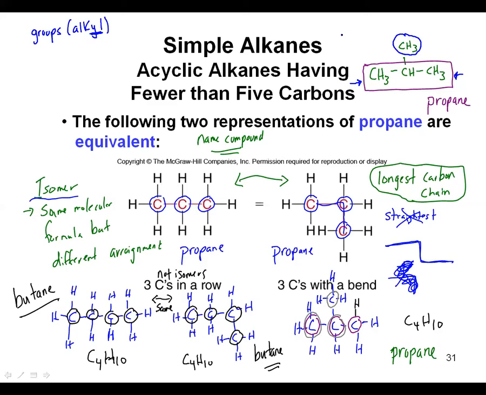So when we look at this CH3 group, it has one carbon. And if you remember, the one carbon alkane is methane, ANE. This does not have four hydrogens. It doesn't have four hydrogens because if it had four hydrogens here, you would have too many bonds.